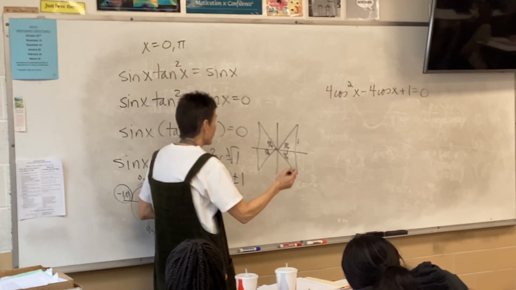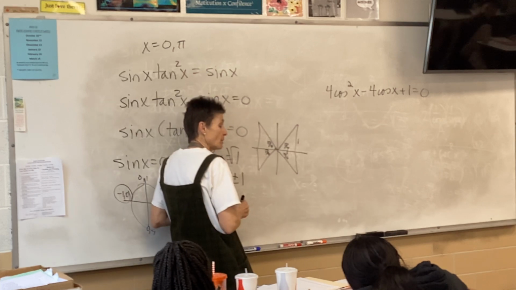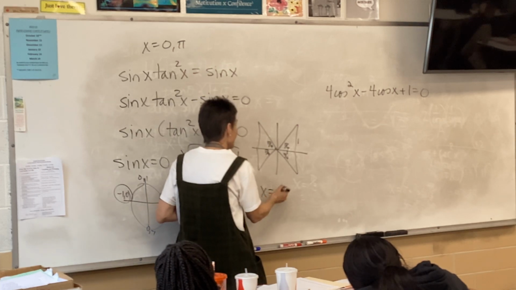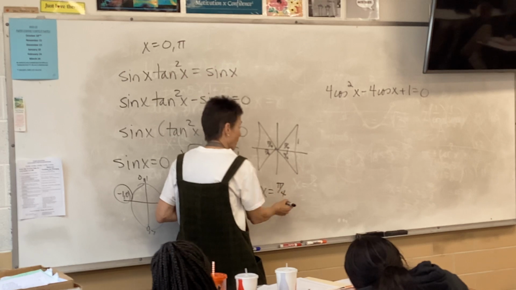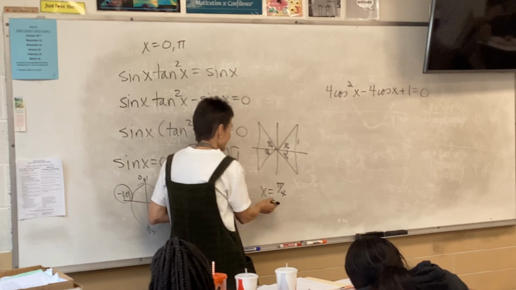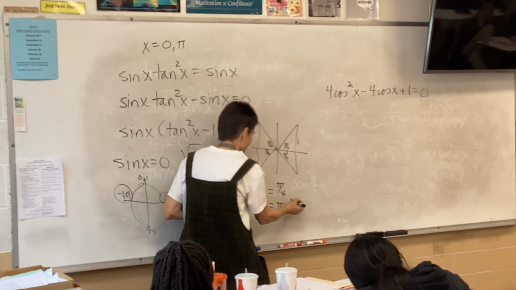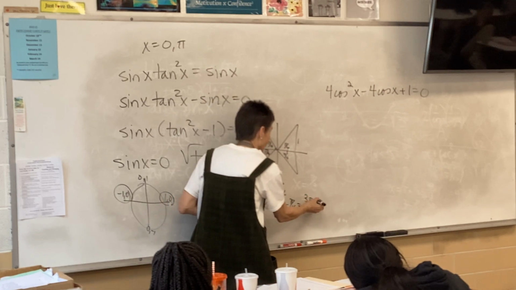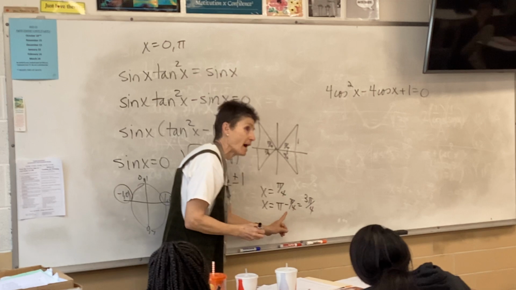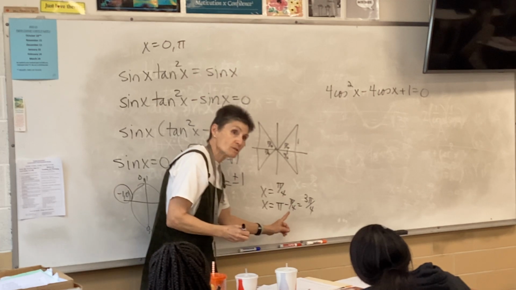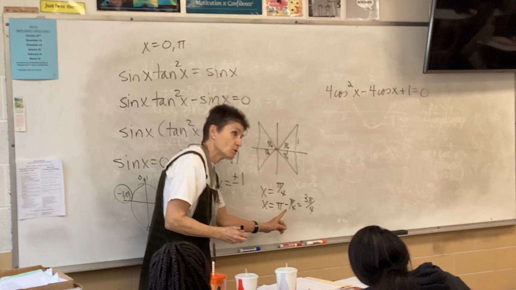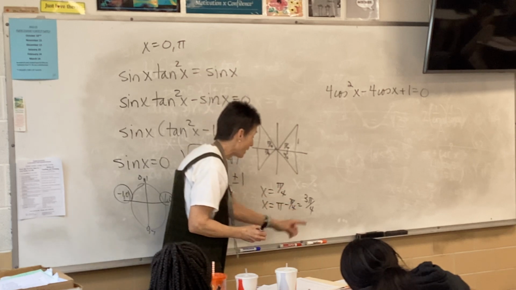All right, so here we go, guys. I'm not going to color code this one, it's the same thing as before. First quadrant, pi over 4. What's the second quadrant angle going to be? Pi minus pi over 4, which is 3 pi over 4. You don't need to write this out. I am, to help those of you that still need a little push there, but it's 3 pi over 4.